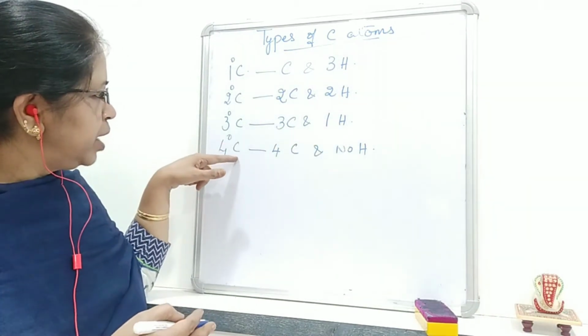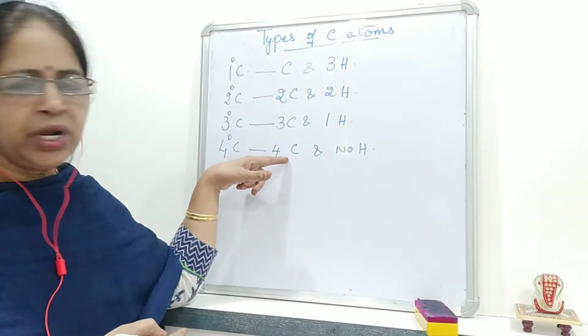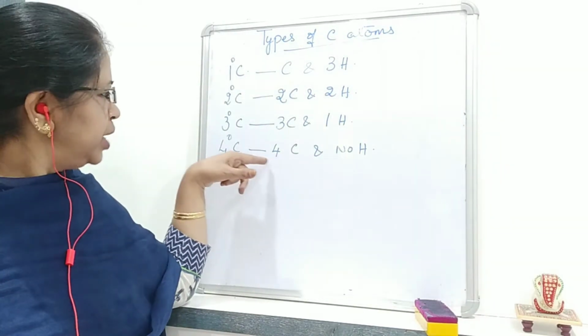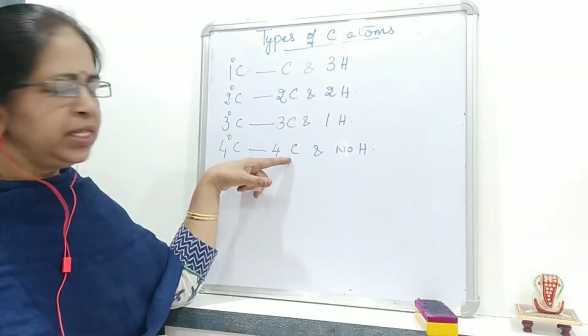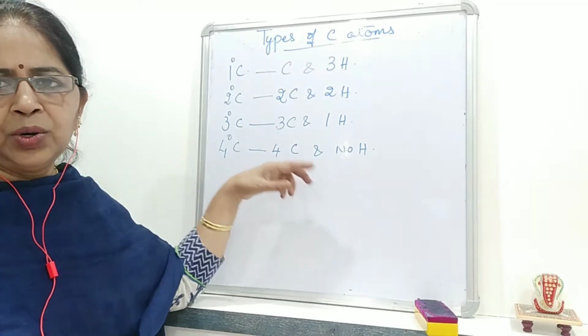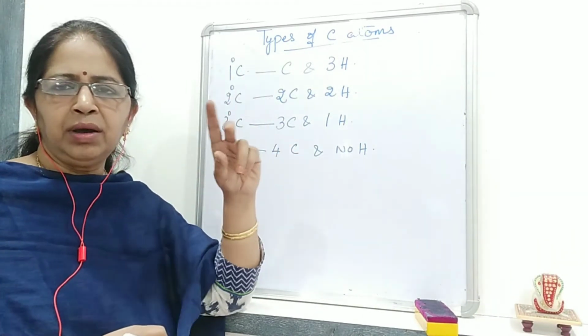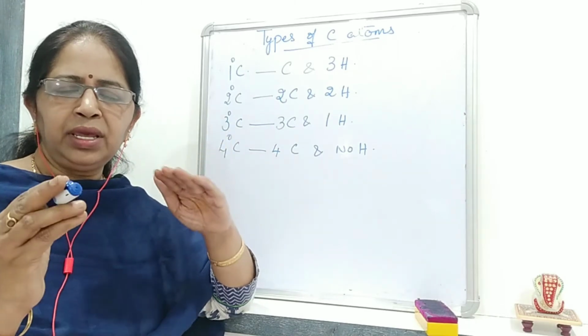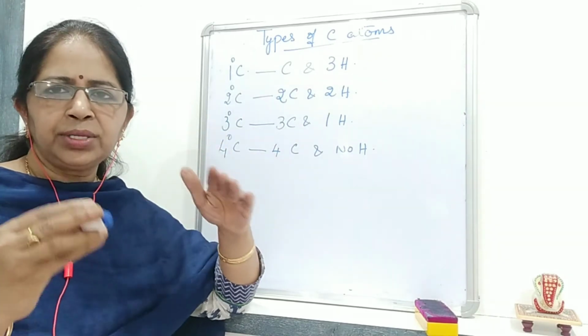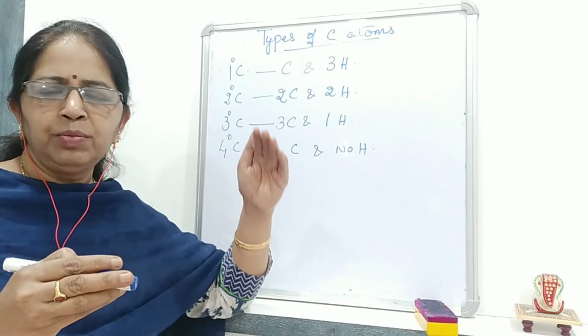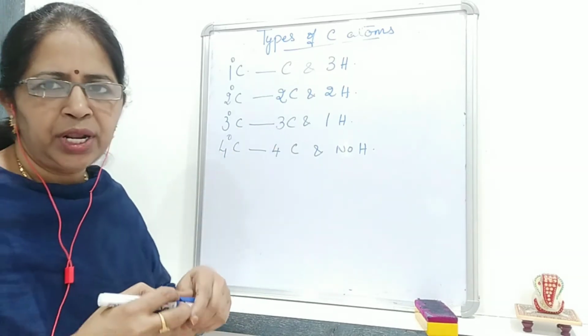And a quaternary carbon is the one which is bonded to 4 other carbon atoms. As the valencies are all satisfied by the carbon atoms, there are no hydrogens. So, there should be 2 branches present on a carbon along with the left and right. It is also present in the middle of the chain only.